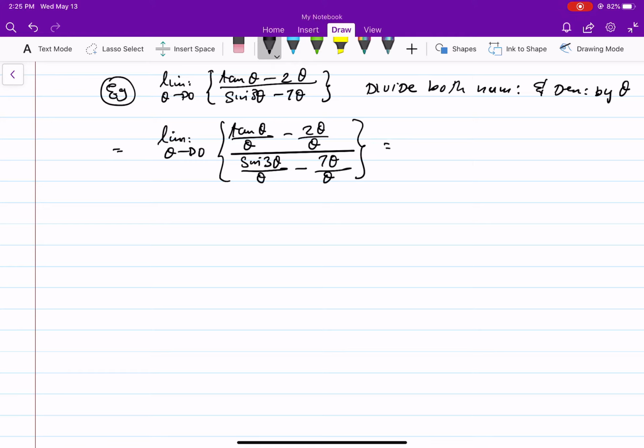This becomes the limit as theta approaches 0 of, I'll write the tan theta over theta as tan theta times 1 over theta, minus 2 theta over theta is just 2, all divided by sine 3 theta over theta, sorry, I didn't get the 3 theta in there yet, and then minus 7 theta over theta is just 7.